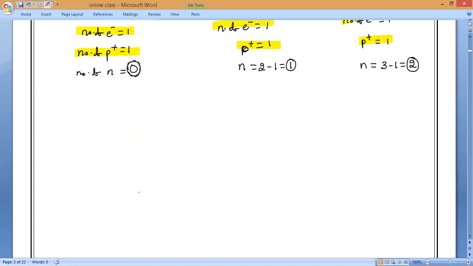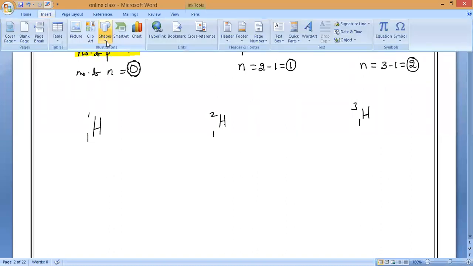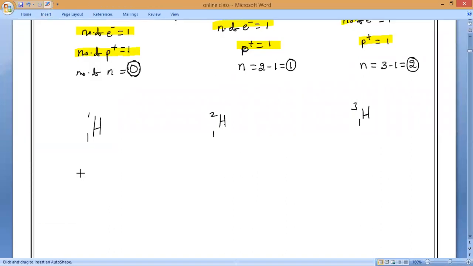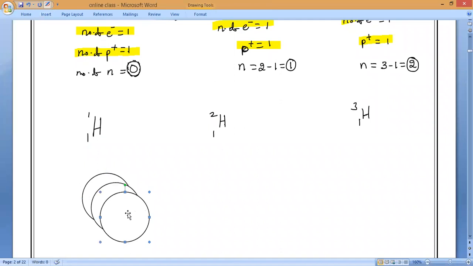Okay. Now you can draw the structures. I'll draw the structures. You can see 1H1, 1H2, 1H3. Hydrogen, how many electrons are there, guys? Only one electron it is having. So let us make that properly, beautifully. I'm taking three hydrogens.